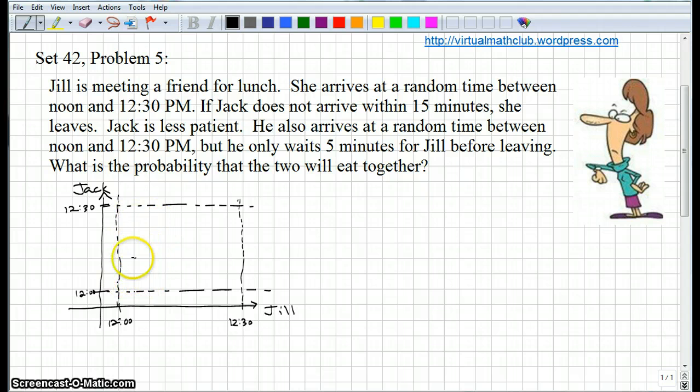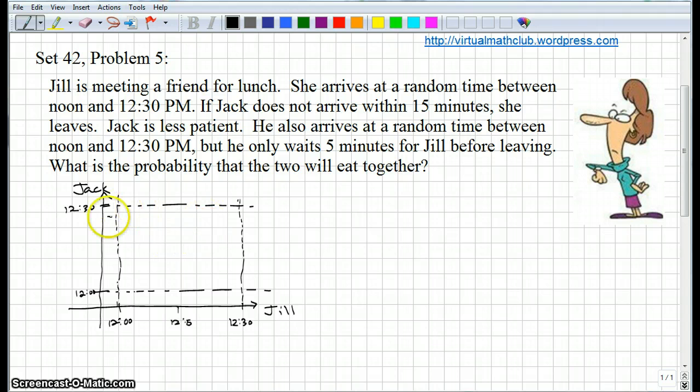The pairs. Jill could arrive at, say, 12:15, which would be right here, and Jack could arrive anywhere here, and the pair would be a possible combination of their arrival times.